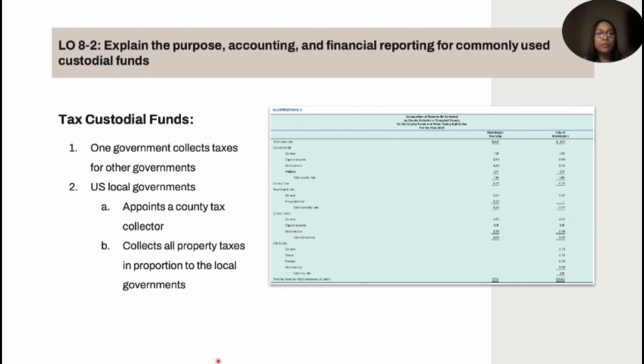As an example, this illustration shows the tax rates of the custodial funds, Washington Township and the City of Washington. The tax levied for the Washington Township is $7.10 for every $100 valuation, and the tax levied for the City of Washington is $10.06 for every $100 valuation.